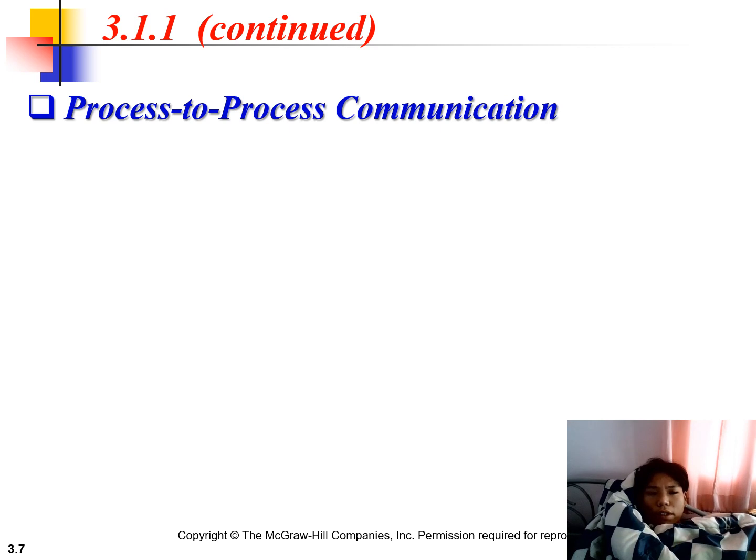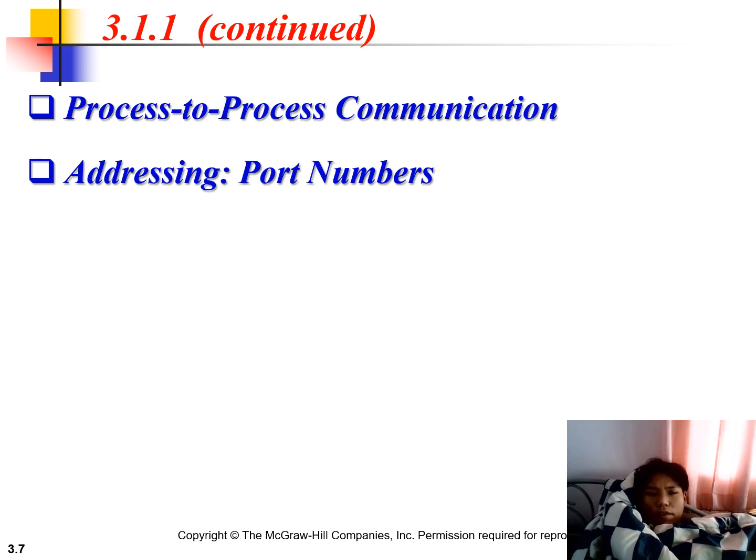In the transport layer, it is process-to-process communication. Addressing is done by port numbers, and it has ICANN ranges.